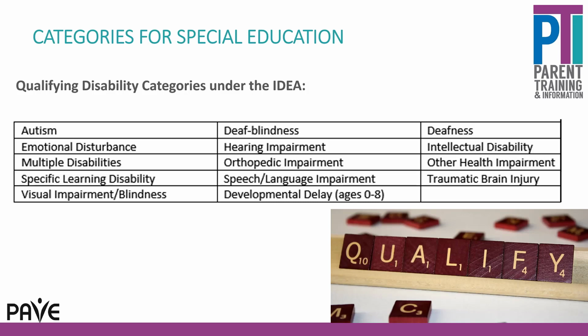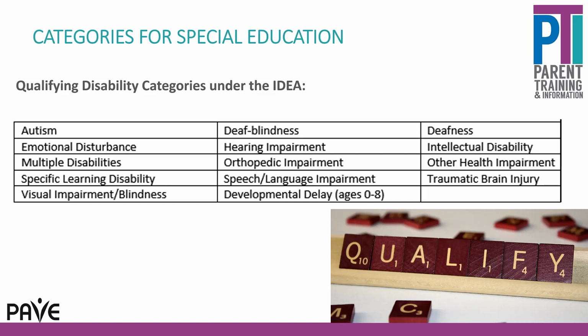Note that emotional disturbance is a category of disability. A student with a mental health condition that significantly impacts access to education can qualify for an IEP regardless of grades or academic abilities. Note that 13 of these categories cover a student from ages 3 to 21. But developmental delay is a qualifying category for children in early learning through age 8.